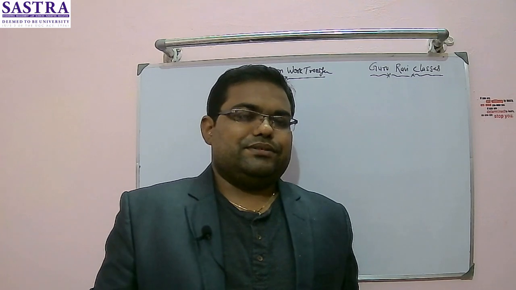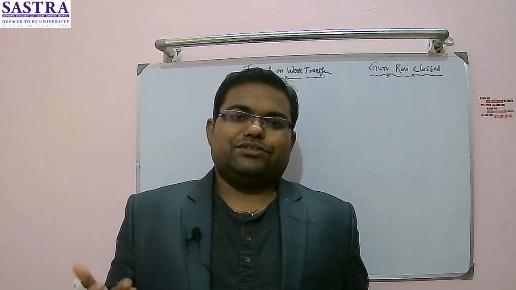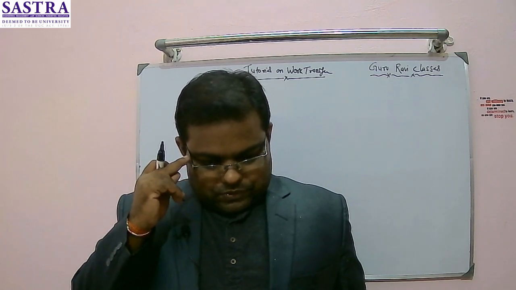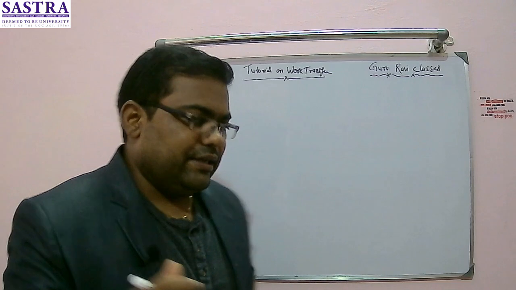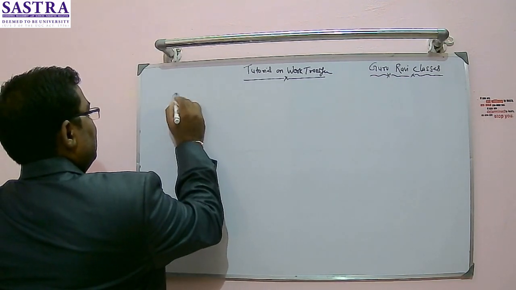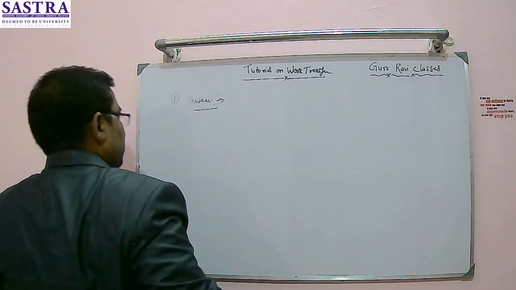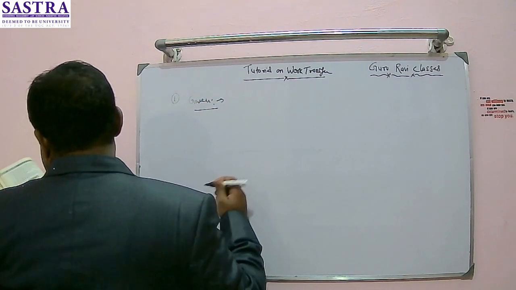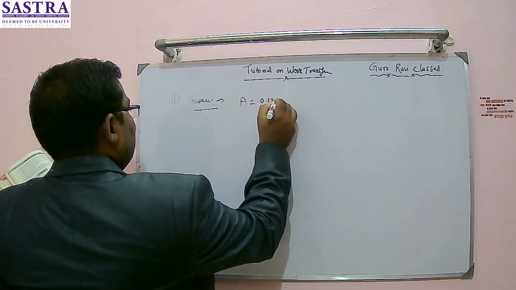It is clearly mentioned as a piston-cylinder kind of arrangement and the process is represented by a straight line. We will note down the given data. The area is 0.12 meter square.